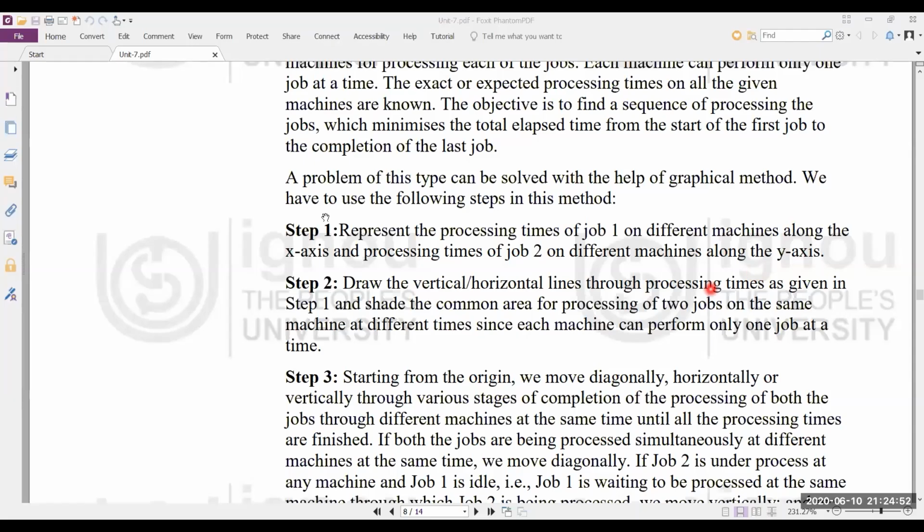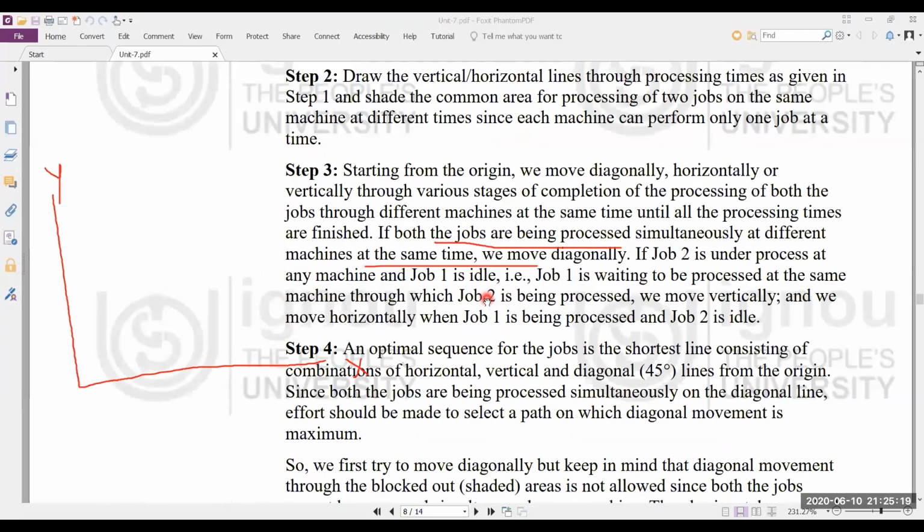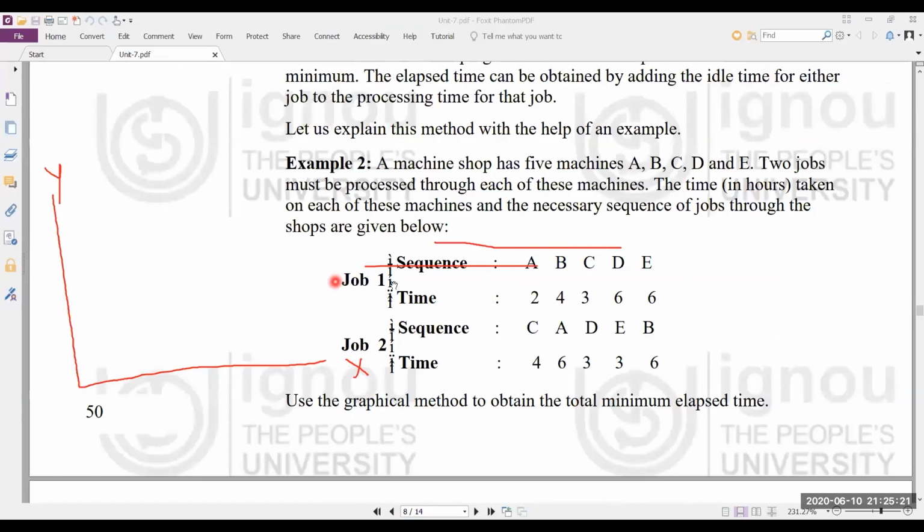It means that first of all we draw the x-axis and y-axis. On the x-axis we take the processing time of job 1, and on the y-axis we take the processing times of job 2. In this example, this is the time of job 1 and this is the time of job 2.